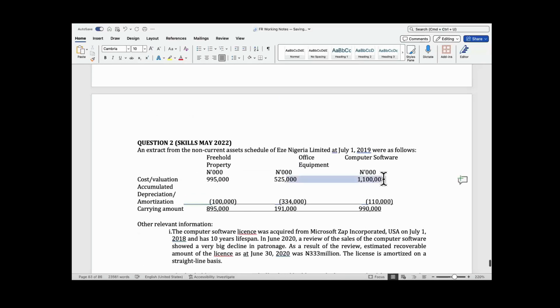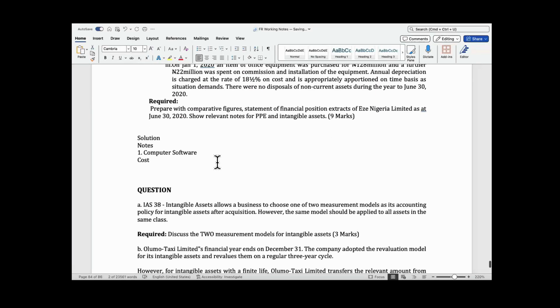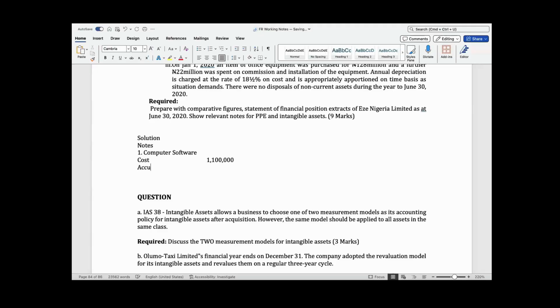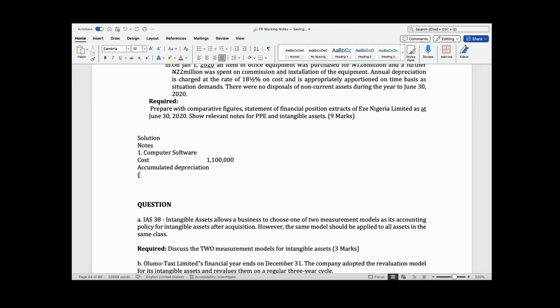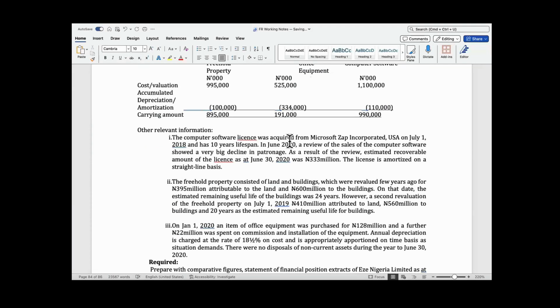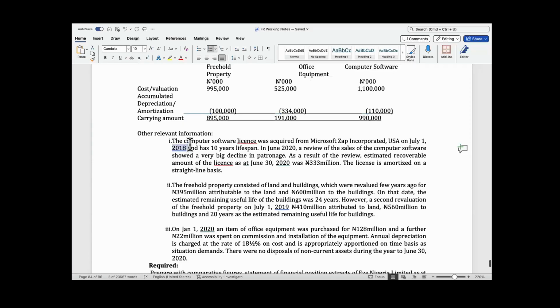The cost is 1.1 million minus accumulated depreciation, which is 1.1 million divided by the useful life, which is 10 years, times, since this is June 2020, and we bought it in 2018, and we're in 2020.